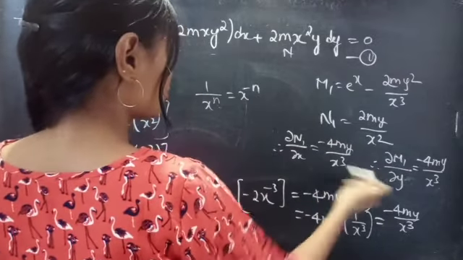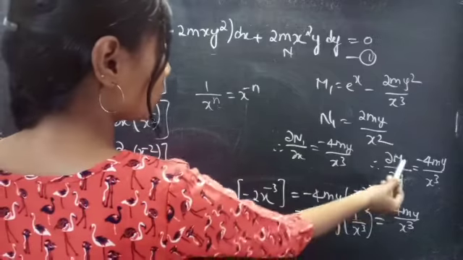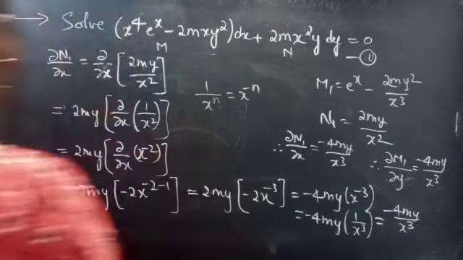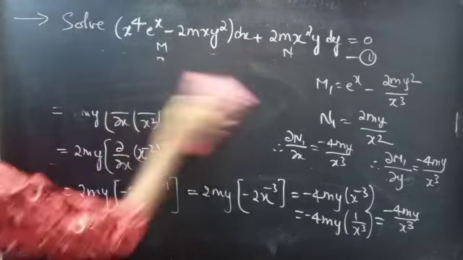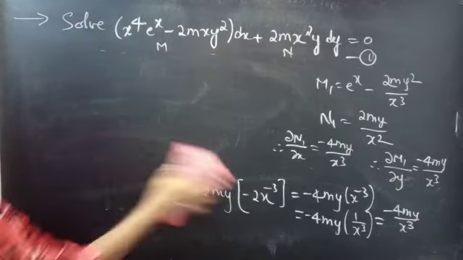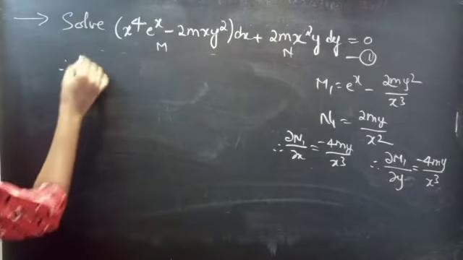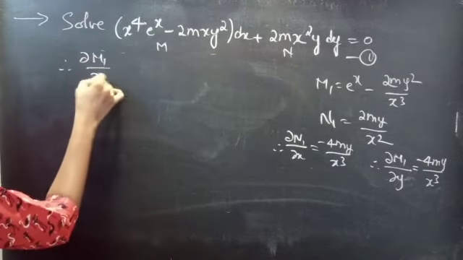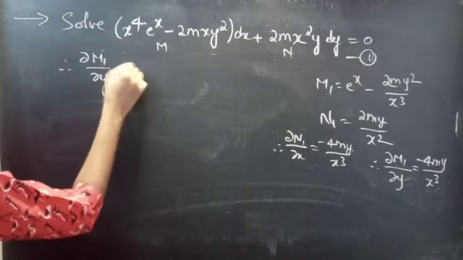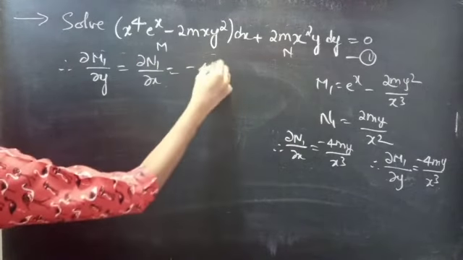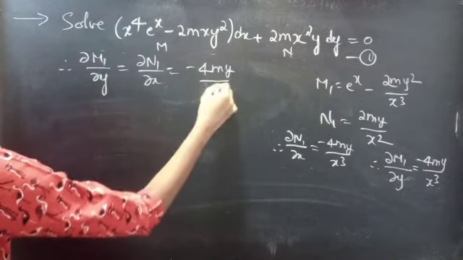So from this, we can say that the partial derivative of m1 with respect to y is equal to partial derivative of n1 with respect to x, right? Therefore, partial derivative of m1 with respect to y is equal to partial derivative of n1 with respect to x, equal to minus 4my by x cube.